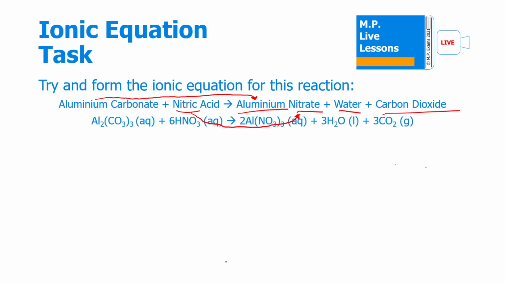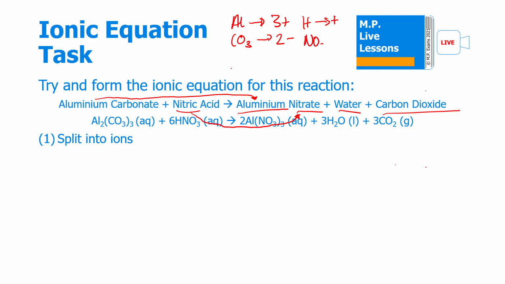So first we have the balanced equation as well, and we want to split some compounds into its ions. So there's quite a few. So aluminium forms 3 plus ions, carbonate, so CO3, forms ions with a 2 minus charge. Hydrogen ions form just a 1 plus, and NO3 just forms a minus ion.